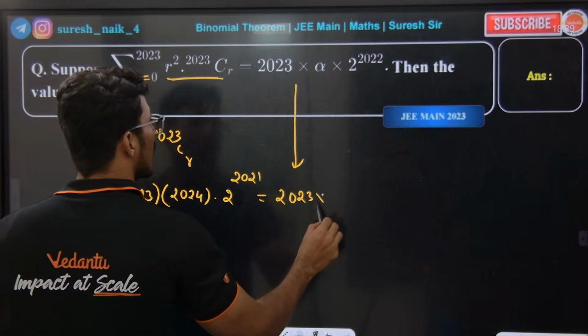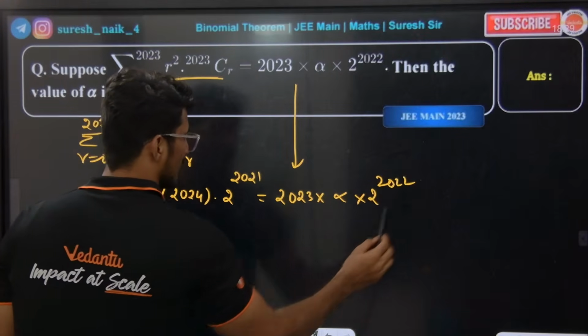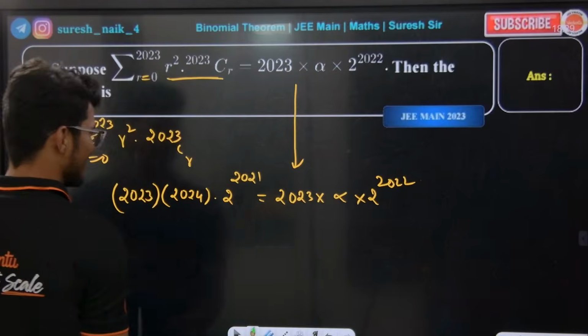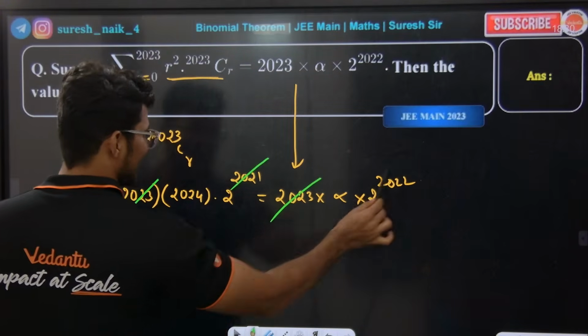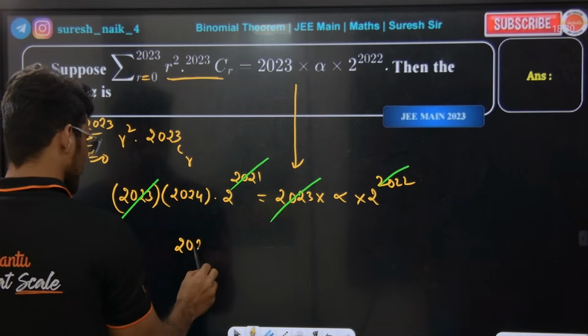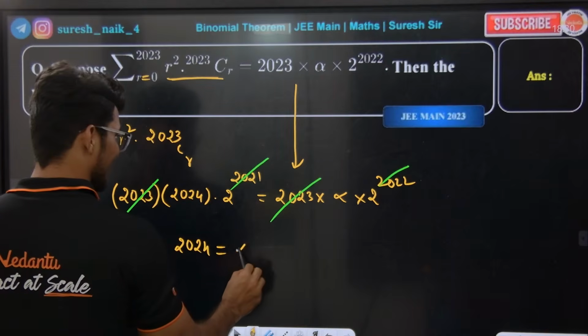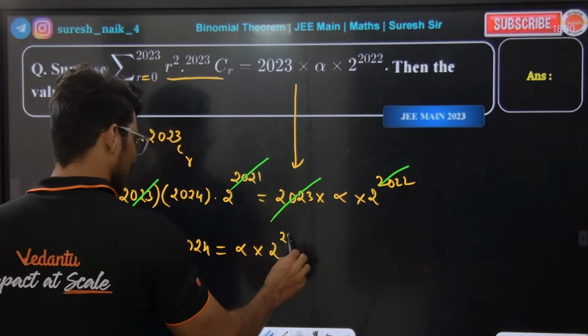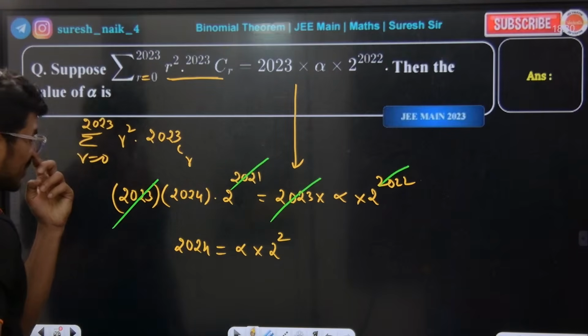2023 into alpha into... this will cancel. Okay? Now 2024 into 2 power of 2022. Correct or not?